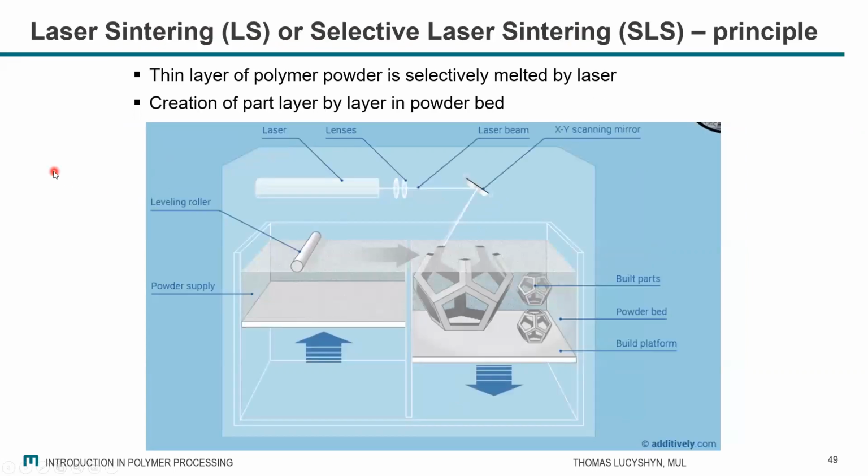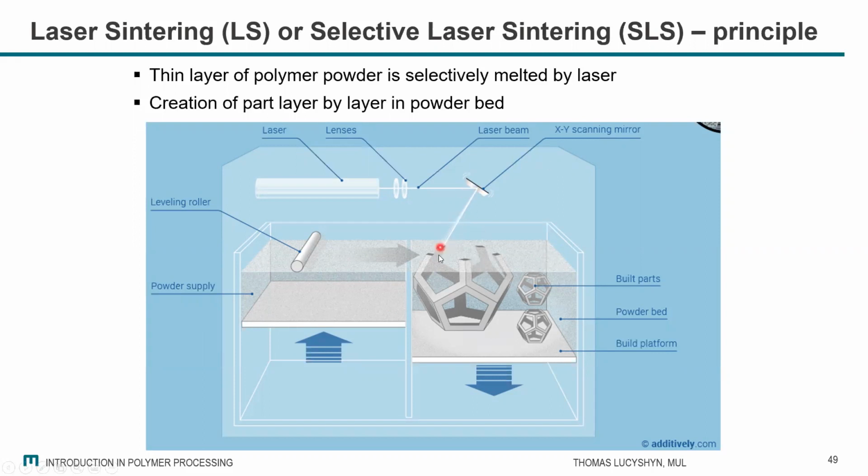Now we come to the thermoplastic part of it. The first one is the so-called laser sintering, or selective laser sintering. In that case, the base material which you are using, the raw material, is a very fine, fine-grained powder in a container. So this is the powder supply, and then we have a platform. Then a very thin layer of powder is shifted to this platform, and then locally the powder is melted or fused by a laser.